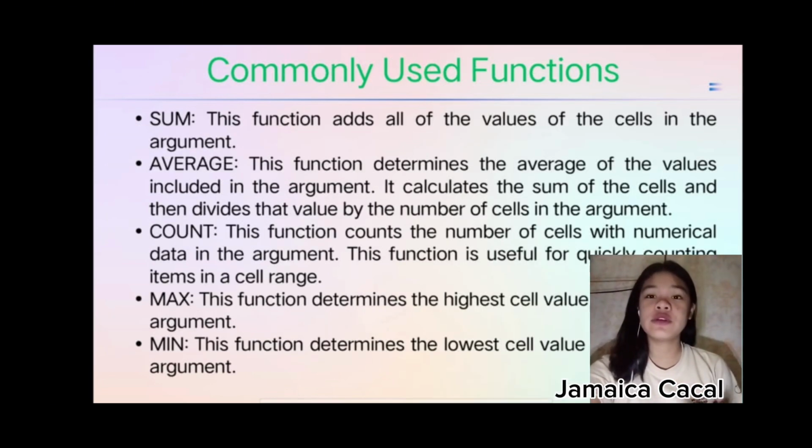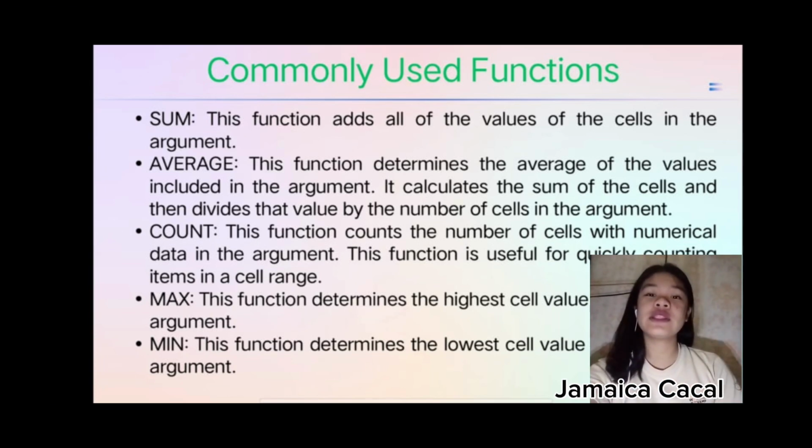And the commonly used functions, first is SUM. This function adds all the values in the given range. So for example, SUM A1 to A5 adds the values in cells A1 to A5.